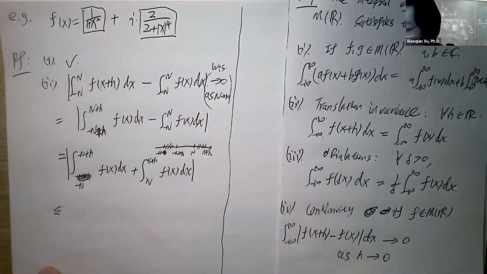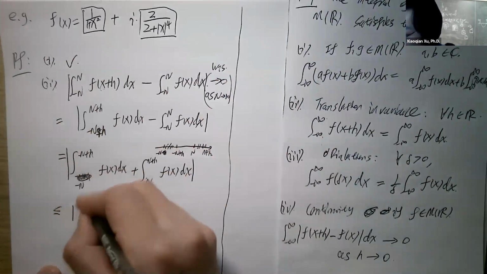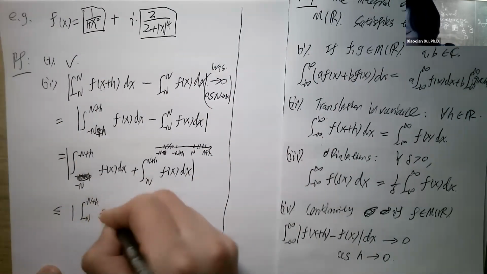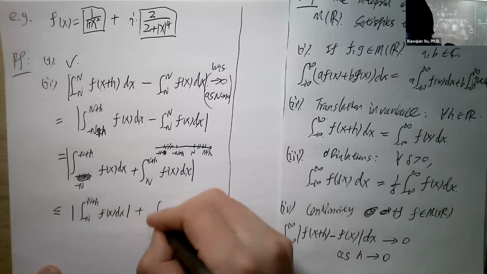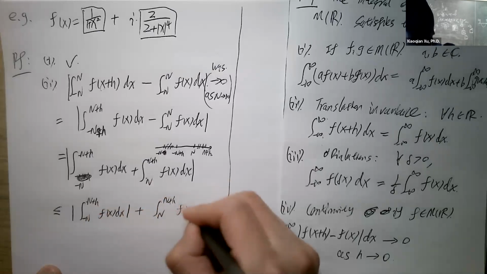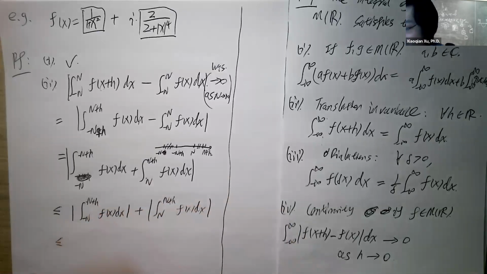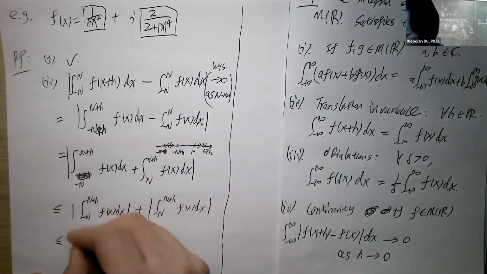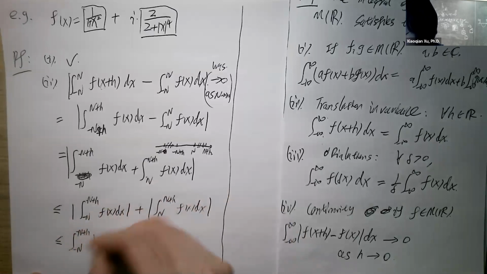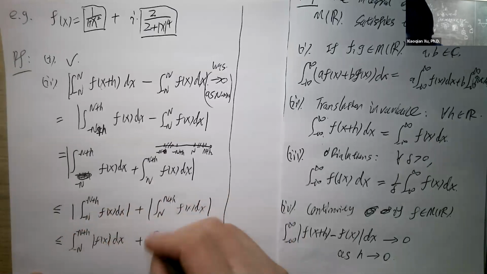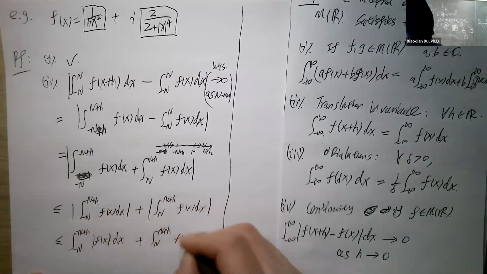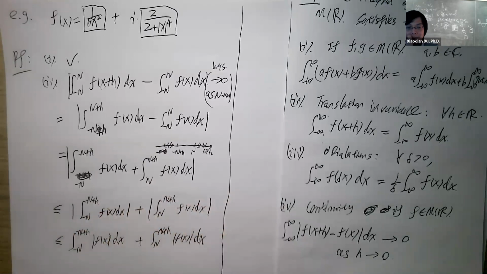So it's less or equal than, we can bring the absolute value inside, the integral from minus n to minus n plus h of |f(x)| dx plus the integral from n to n plus h of |f(x)| dx. We just move our absolute value inside of our integral.